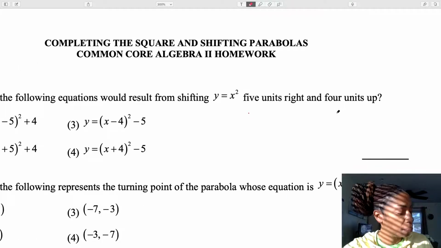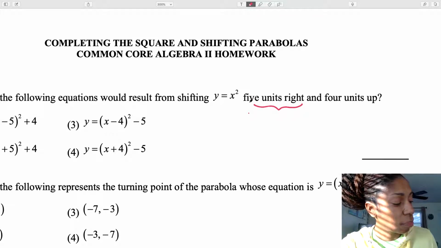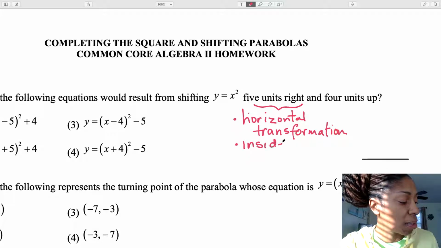So 5 units to the right, that's a horizontal transformation. So that means you're inside the parentheses.